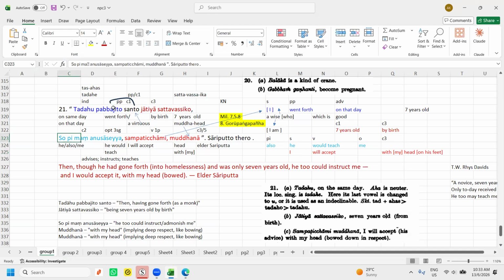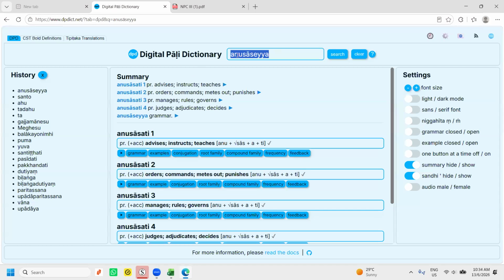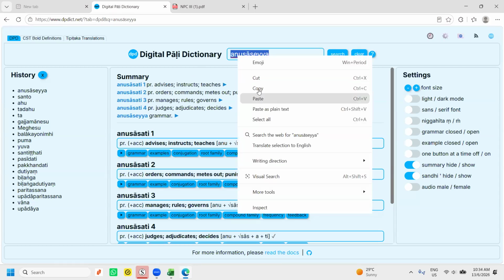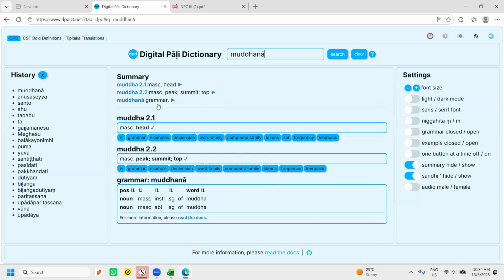Muda is a head. This is mudana, muda plus ana. You see, it's head. Muda is a head.